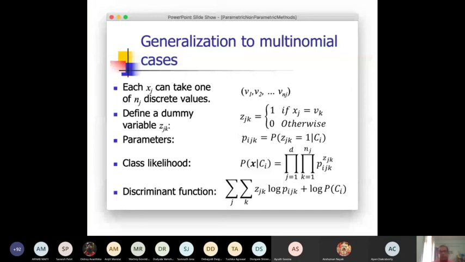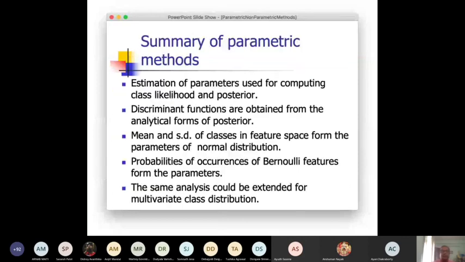So if I summarize the parametric methods that we have discussed so far, we are estimating parameters for computing the likelihood probabilities and also the posterior, for the Bayesian inference.